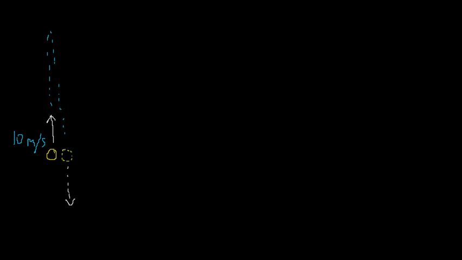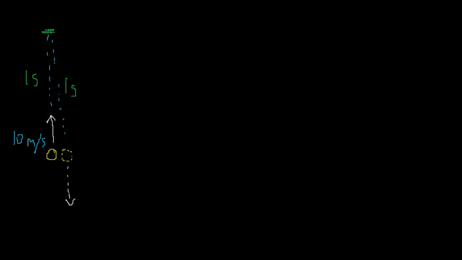Now let me suppose that after 1 second the ball has reached the top. Okay, the ball has reached the top, and then it falls downward, and after another second it has reached back to the same level. And then it continues downwards.